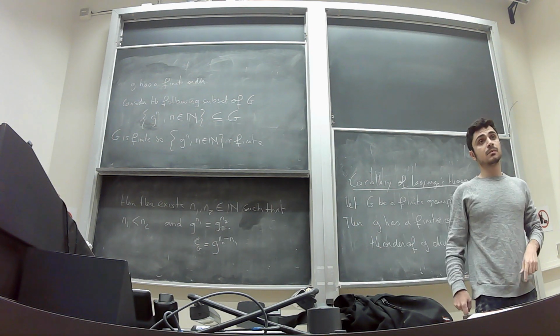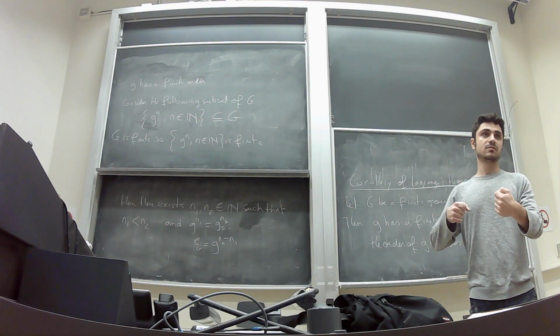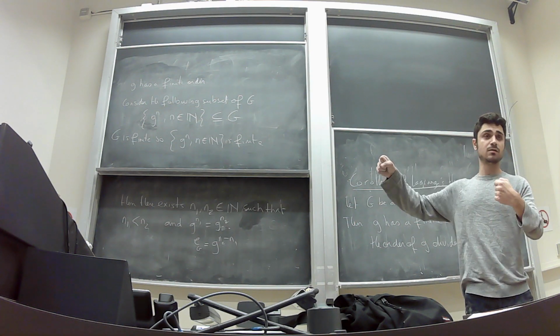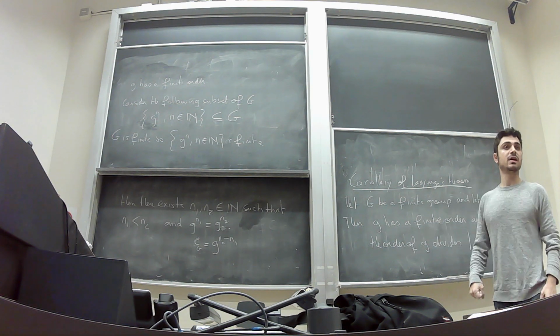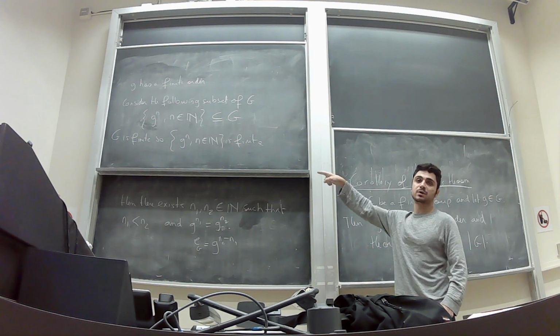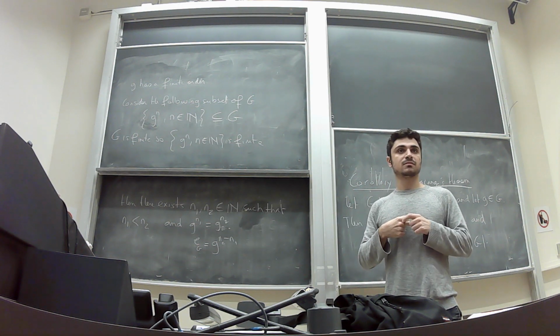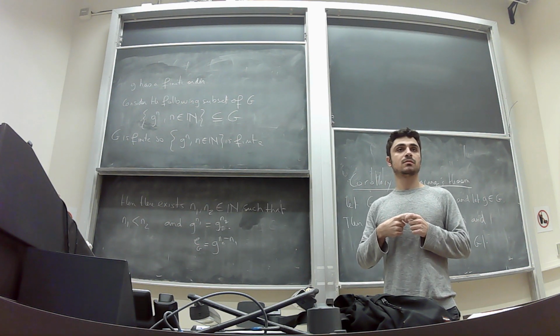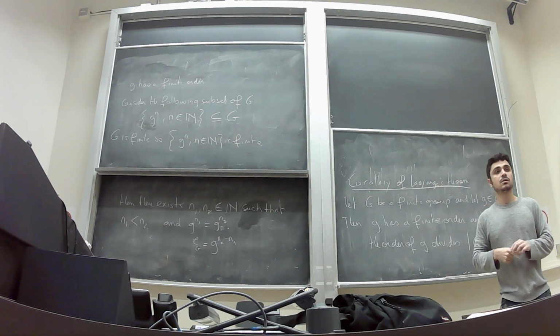How do you know that n1 is not equal to n2, though? You have a repetition, which means that two distinct powers of g will give you the same answer. What does repetition mean? It means you have two elements that are equal in the set. But what if g to the n, no matter the n, is equal to g? That would still make a repetition, but that doesn't mean g has a finite order.